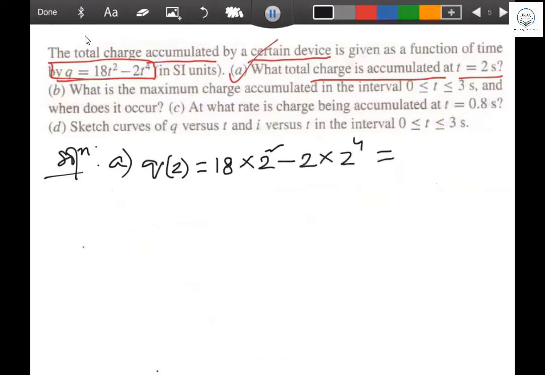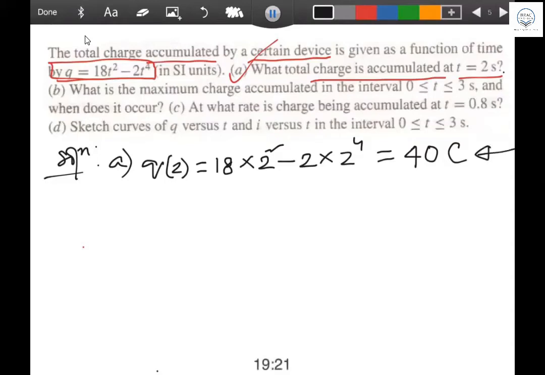What is the answer you said? 40 coulomb. 40 coulomb is the answer. That means after 2 seconds, the capacitor or the battery stores 40 coulomb charge.